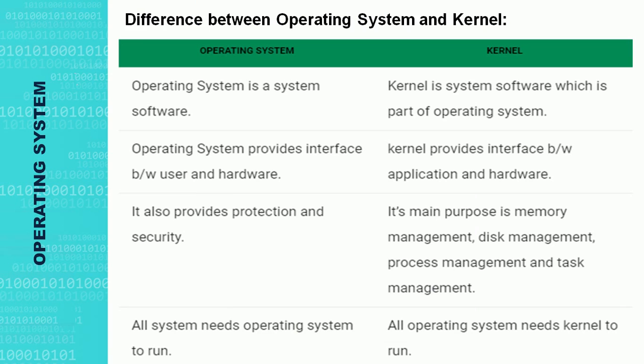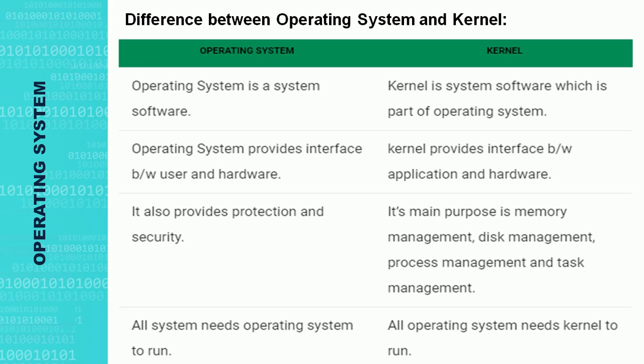What is the difference between operating system and kernel? The operating system is system software, and the kernel is a part of an operating system. An operating system provides the interface between the user and the hardware. Here the kernel provides the interface between the application and the hardware. It also provides protection and security.